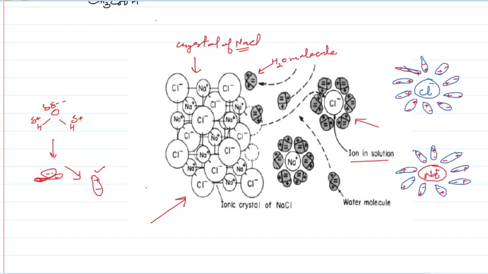These are also written as Cl negative aqueous, that means a hydrated chloride ion, or Na positive aqueous, a hydrated sodium positive ion. So this is just the dissolution of a crystal by the action of a solvent.